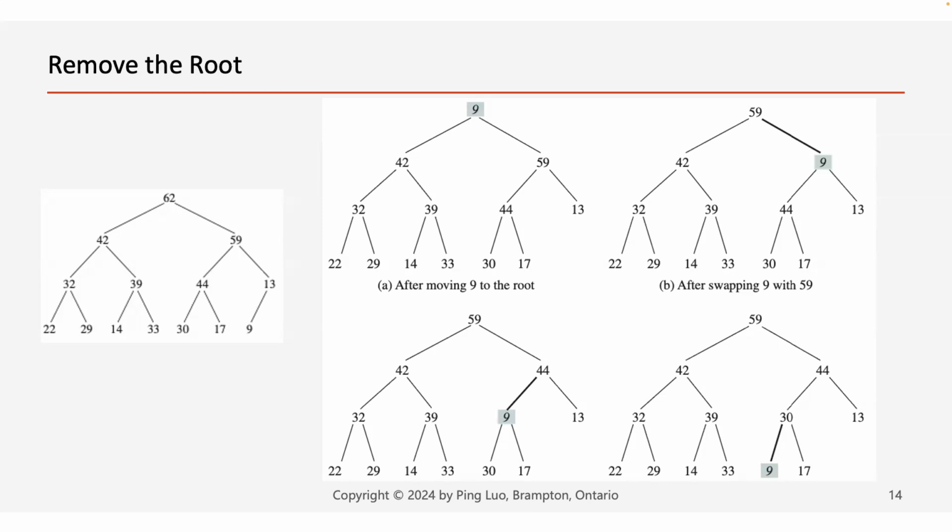And smaller than 44, swap again, and so on. We always compare the left child first and then the right child. So 9 is smaller than 30, swap again. That's how this heap is reconstructed.